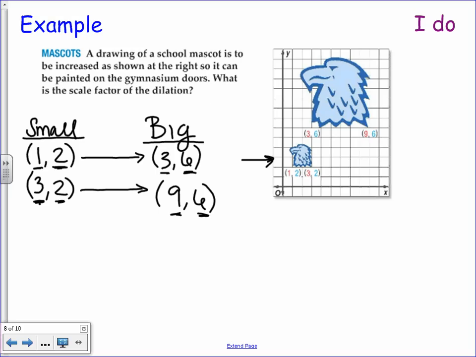Well, if you saw the pattern, each of these you're going to multiply by 3. So what is my scale factor? My scale factor is 3. So in order to get from my small mascot to my big mascot, I've got to multiply each one of these coordinates by 3 in order to get that enlarged picture.